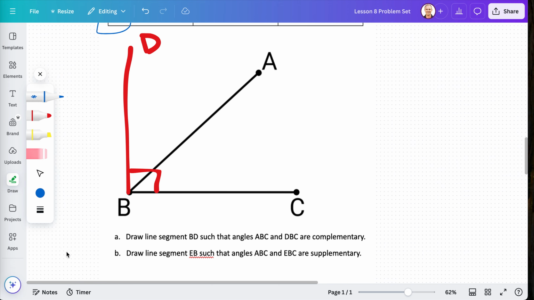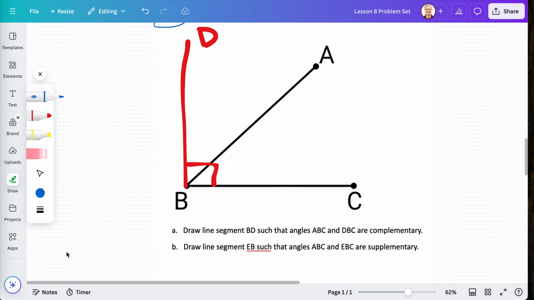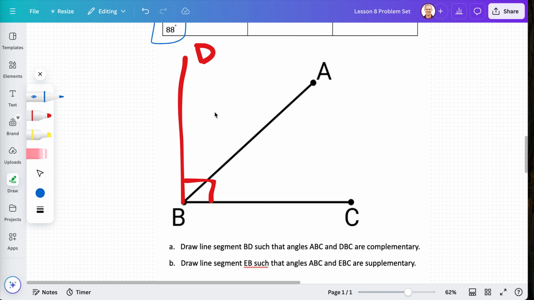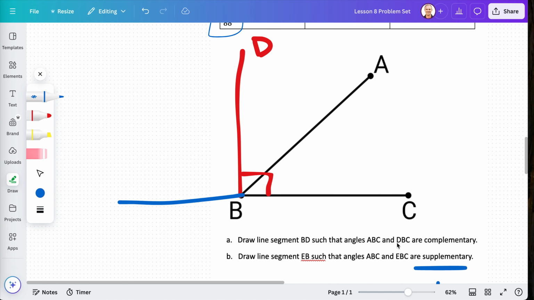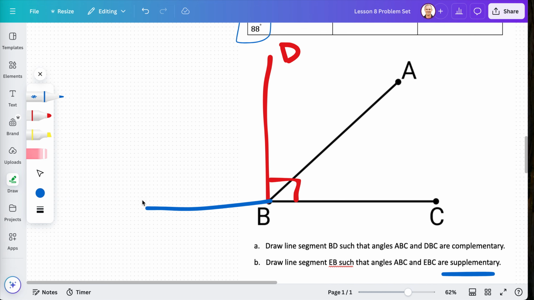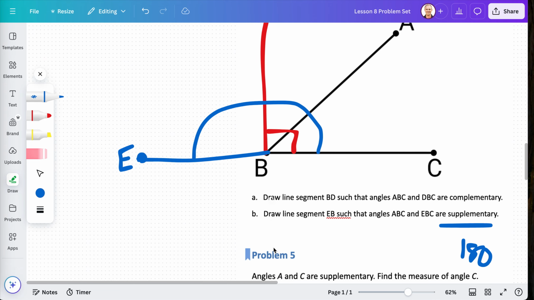So that ABC and EBC are supplementary. Remember, supplementary is 180 degrees. So I can go like this, because this is a 180 degree angle, also known as a straight angle.